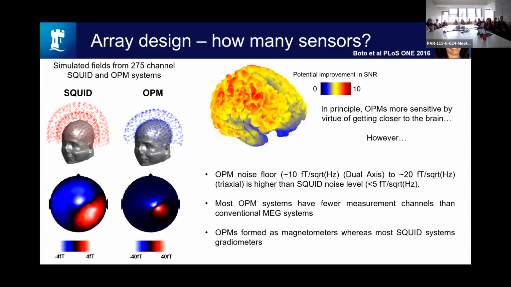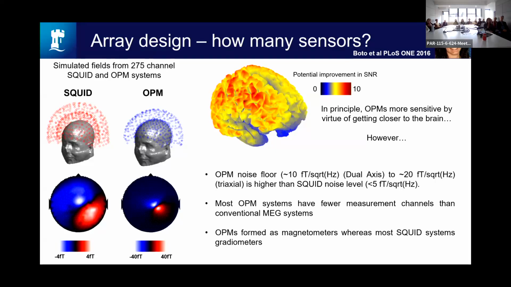So how do we actually realize this theoretical difference in sensitivity? How do we make OPMs more sensitive than SQUIDs? Well, the answer is really simple. Rather than putting all your OPMs equidistantly, you can put them wherever you want. So you take all your OPMs and you just stick them on one bit of the head.